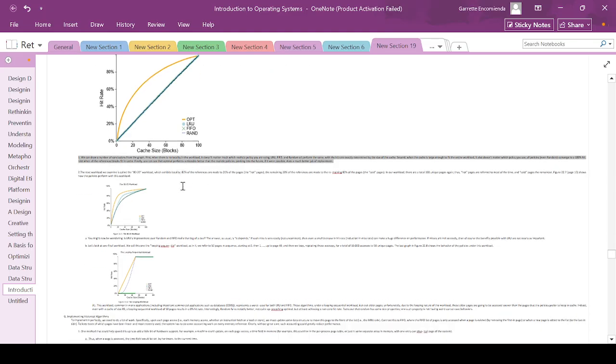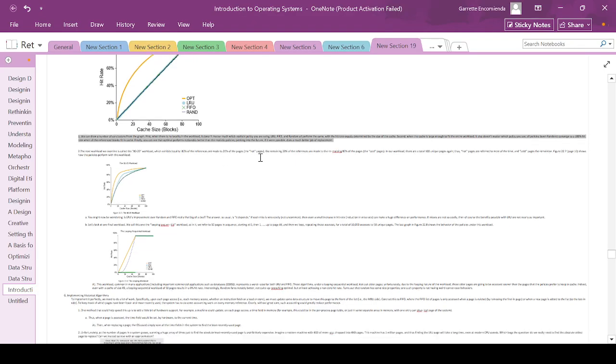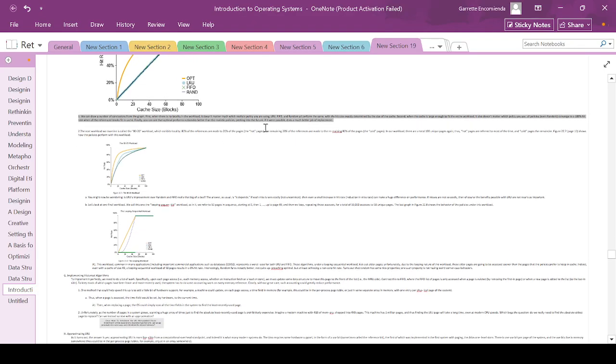First, when there is no locality in the workload, it doesn't matter much which realistic policy you are using. LRU, FIFO, and random all perform the same, with the hit rate exactly determined by the size of the cache. Second, when the cache is large enough to fit the entire workload, it also doesn't matter which policy you use.